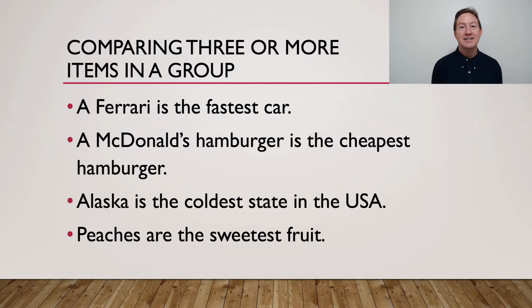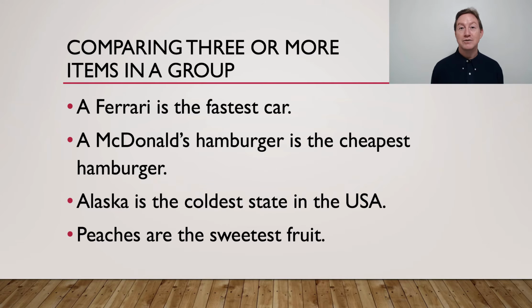So finally, let's look at some examples using superlatives. A Ferrari is the fastest car. You might say the Ferrari is the fastest car. That's more correct. A McDonald's hamburger is the cheapest hamburger because we're comparing with other hamburger restaurants. Alaska is the coldest state in the USA.